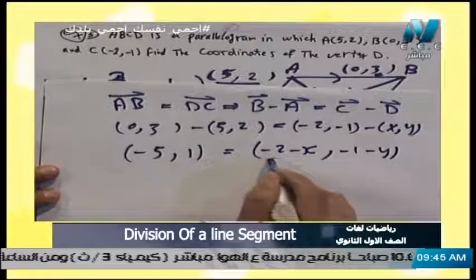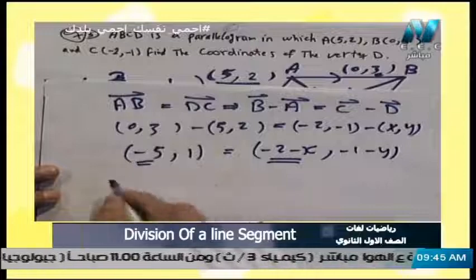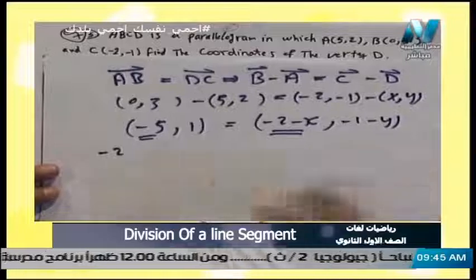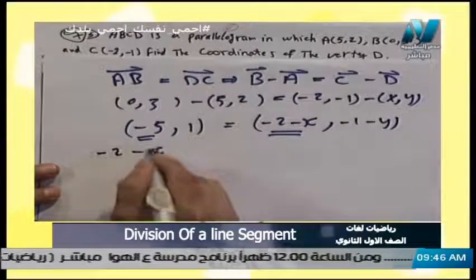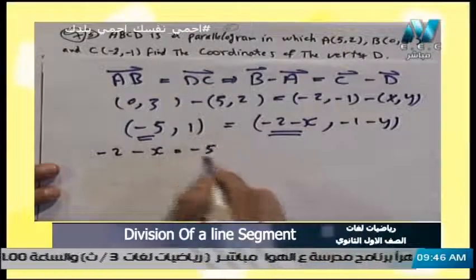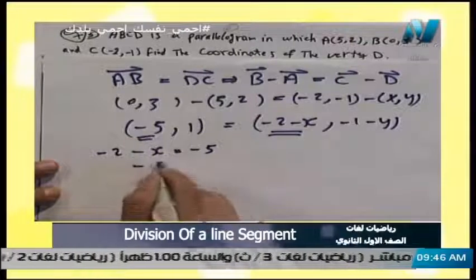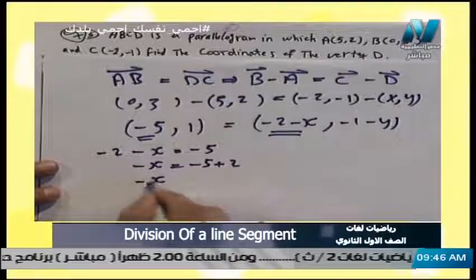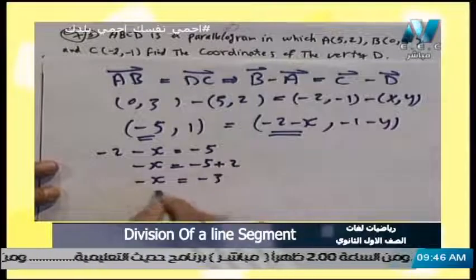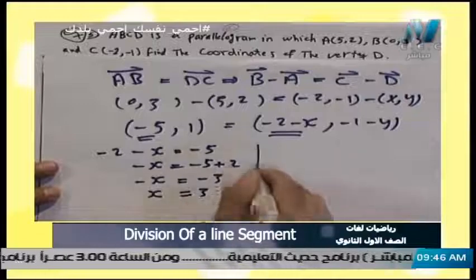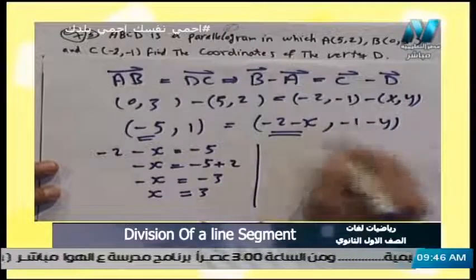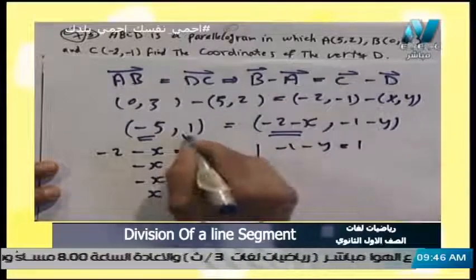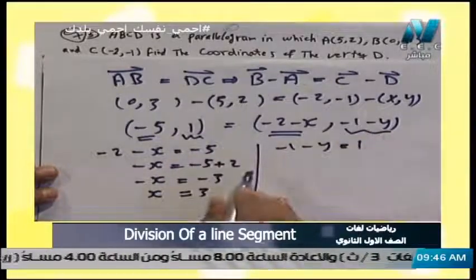And we have the first coordinate equal to the first coordinate, so negative 2 minus x equals negative 5. So we can put negative x equals negative 5 plus 2. So negative x equals negative 3. So x equals 3. The second part, negative 1 minus y equals 1, because the second coordinate equals the second coordinate in the ordered pairs.